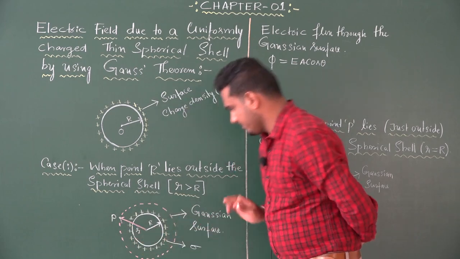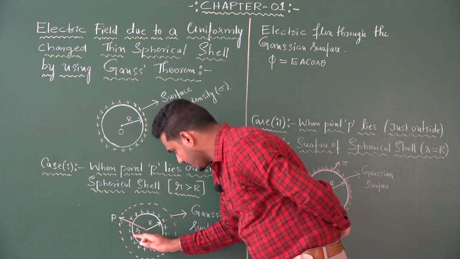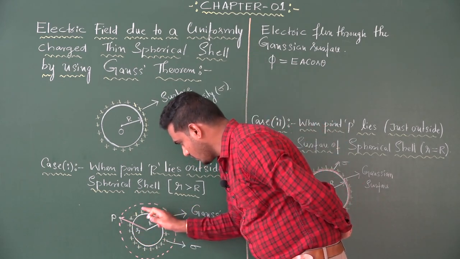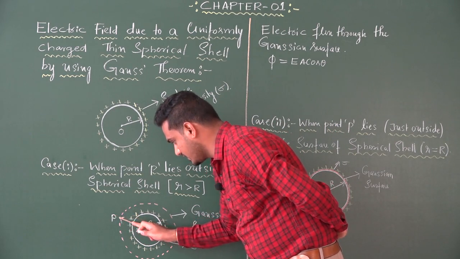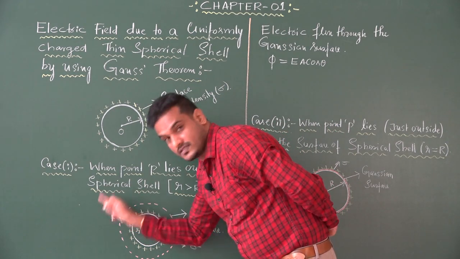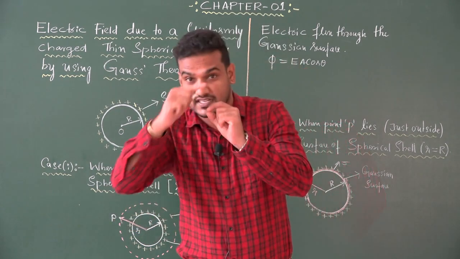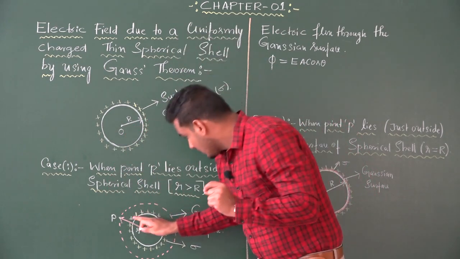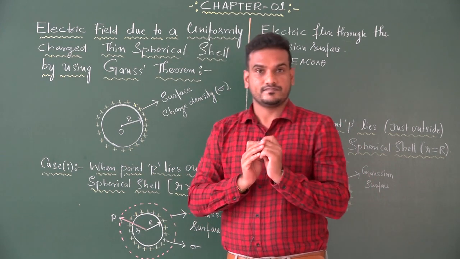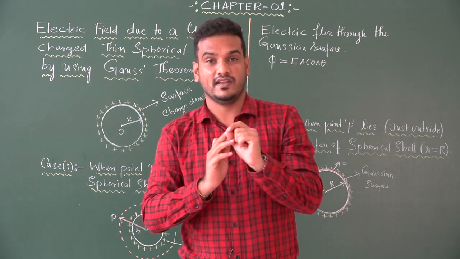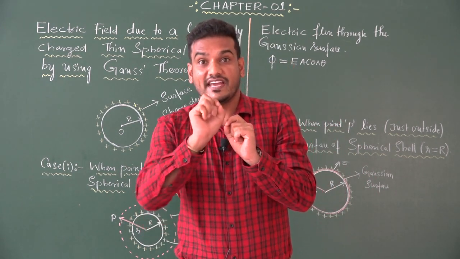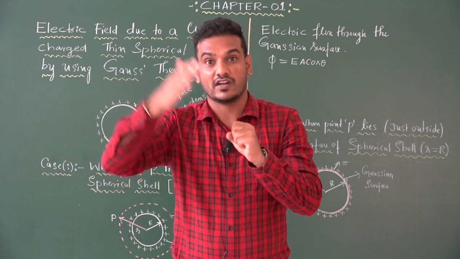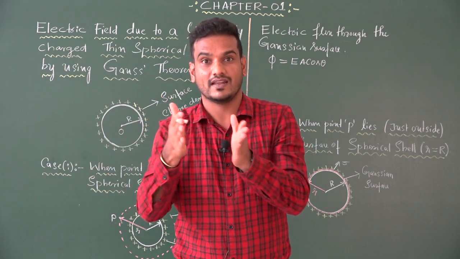Look at the diagram. We know that the direction of electric field is always normal to the spherical conductor, which is directed outwards. If I consider a small area element over the surface of the Gaussian surface, the area vector is also directed outwards, so both are parallel to each other.